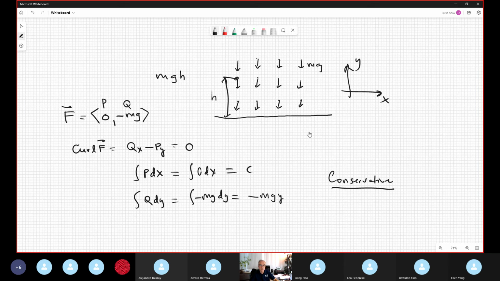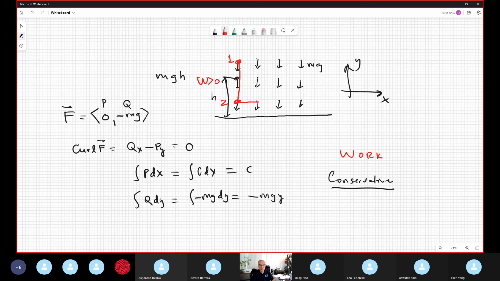Suppose that I want to compute the work done when you're moving in this direction, to point 1, to point 2. What do you think about the work done by gravity? Is it positive or negative? Work is positive in this trajectory.